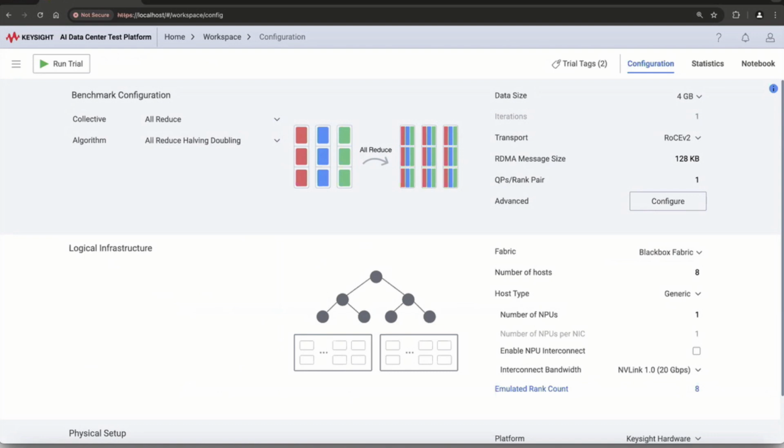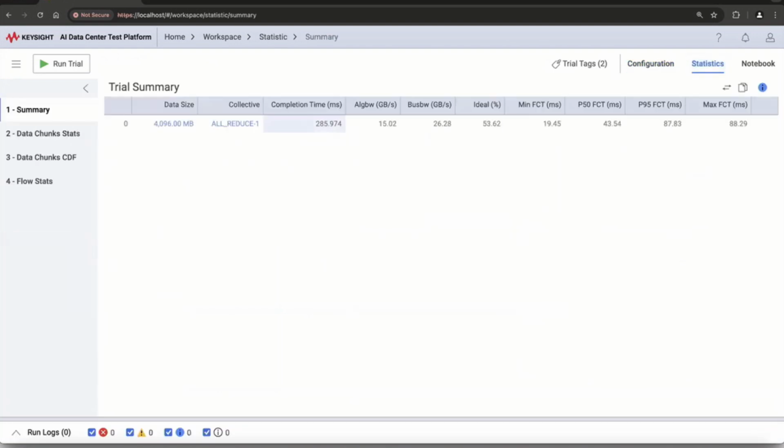We're still emulating 8 GPUs in 8 servers, and we're going to see what it looks like when we run it. And we see a completion time of 285 milliseconds and performance which is about average, 53, nothing great. Nothing to talk about more.